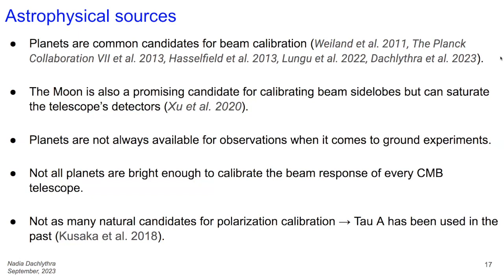And the everlasting problem is that the astrophysical sources, the planets at least, are not fundamentally polarized. You might go up to 3% polarization fraction, I think, according to some of the latest Planck studies, but they are fundamentally unpolarized. We have Tau A as a natural candidate in the sky, and ABS has done the calibration of the polarized part of the beam on Tau A. But the problem is the following: if you have a very wide beam, so let's say this half-degree resolution that we talked about, that's 30-arcminute resolution, Tau A has an optical size of 5 by 5 arcminutes, which means that we're going to visualize Tau A inside our beam.